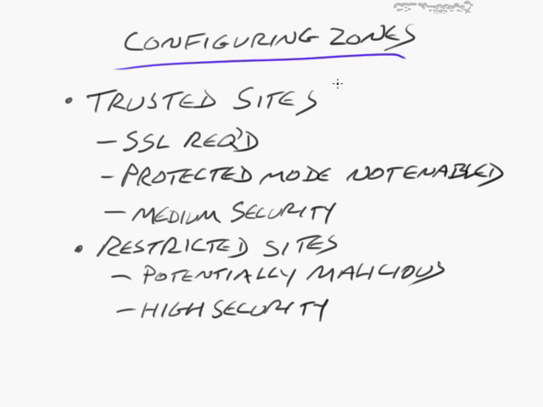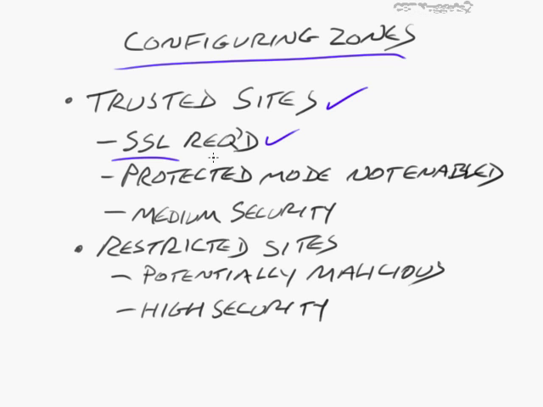As we continue on with our zones, there's also trusted sites, which might not be intranet sites, but might be an internet site that you actually trust, like a business partner or something like that. With these, very often, actually by default, SSL will be required, so the destination site you're trying to go to does have to be able to support SSL, and they'll have to have a certificate.